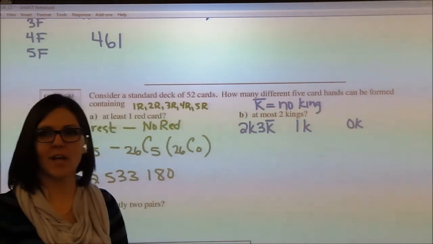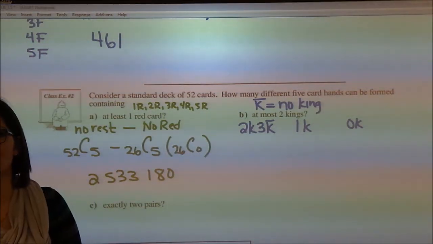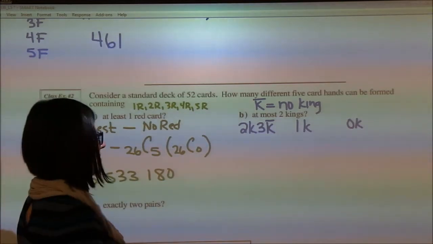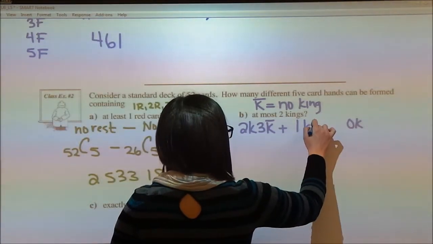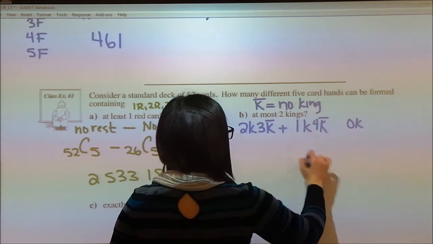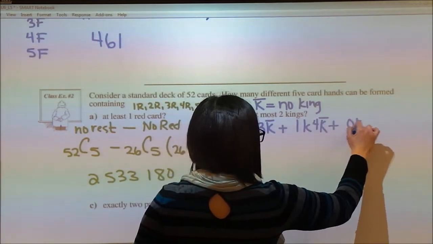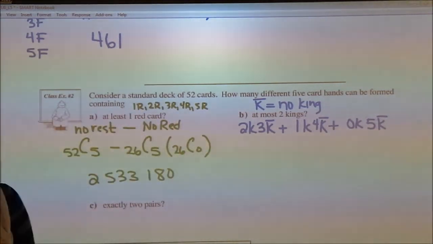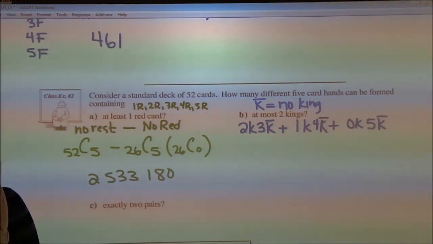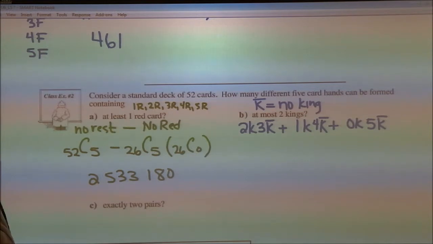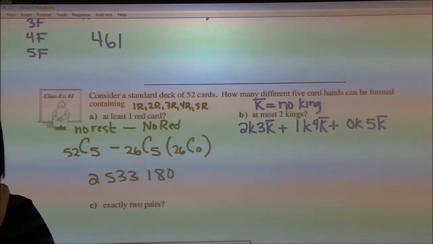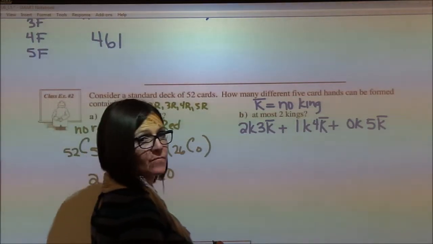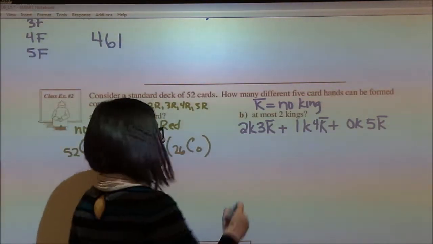Okay? Nobody's going to test you on your notation, so use the one that you're going to be better suited at. So then I have 1 king and 4 non-kings, or no kings and 5 non-kings. So 2 kings, what does that look like? 4C2.